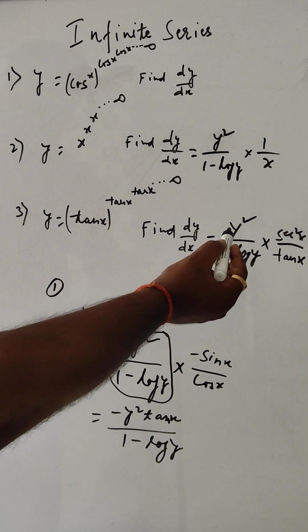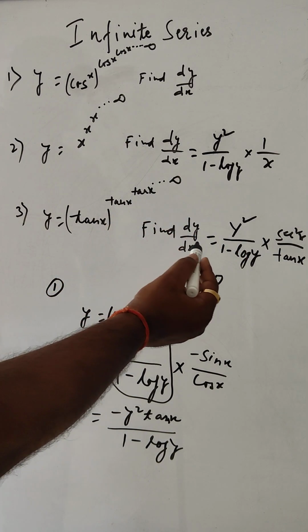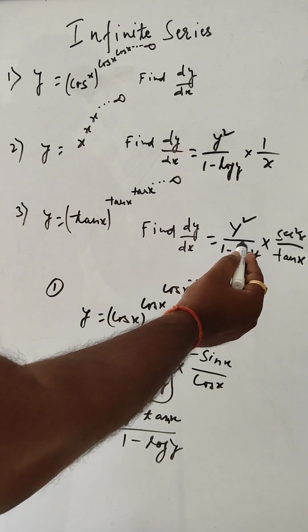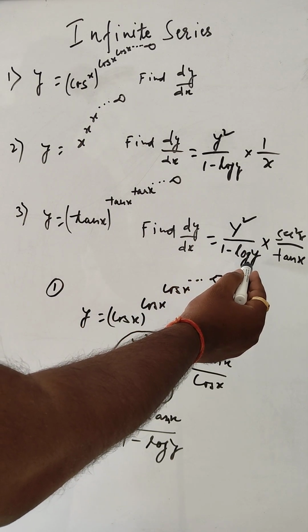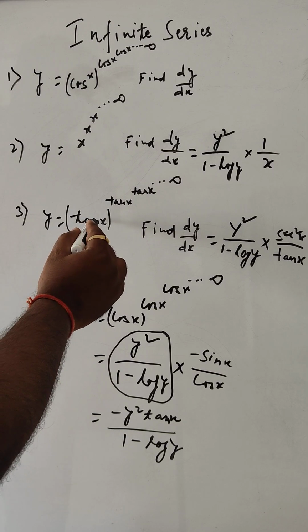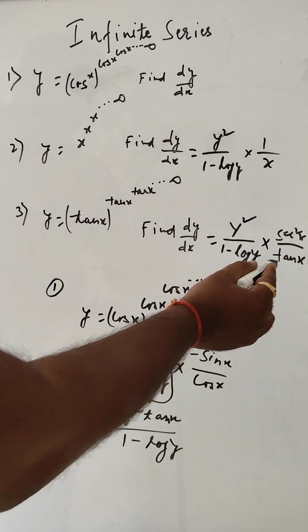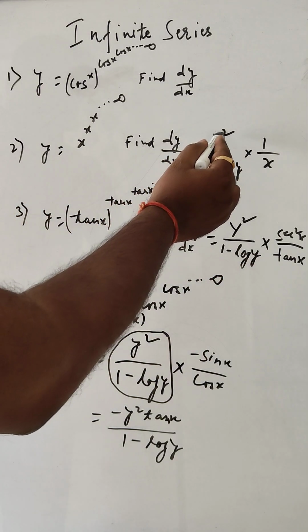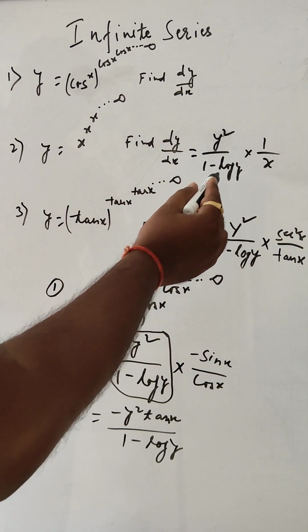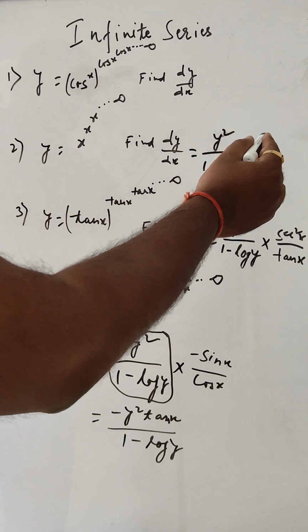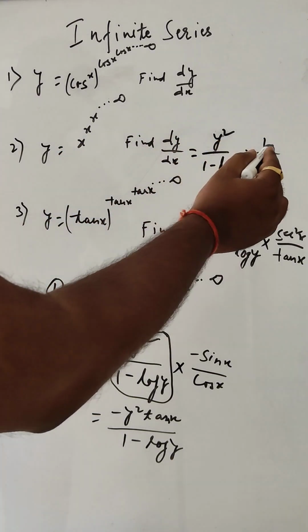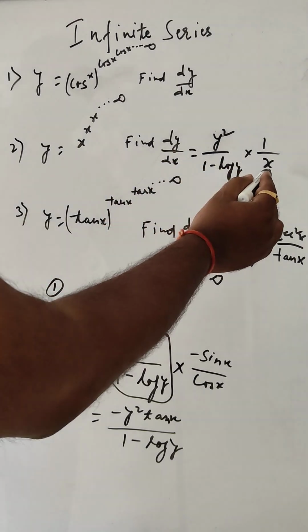So first thing is that if something is like this, y squared divided by 1 minus log y is the common part, then tan x differentiation is sec squared, divided by the same tan x. So here also y squared over 1 minus log y is the common part, and the differentiation of x is 1, divided by the same x.